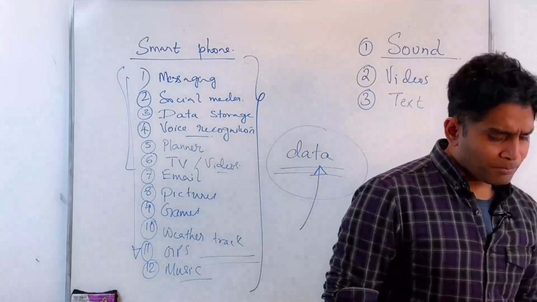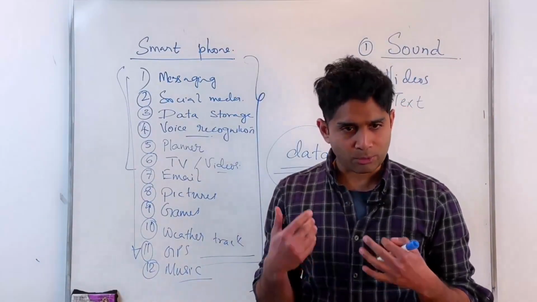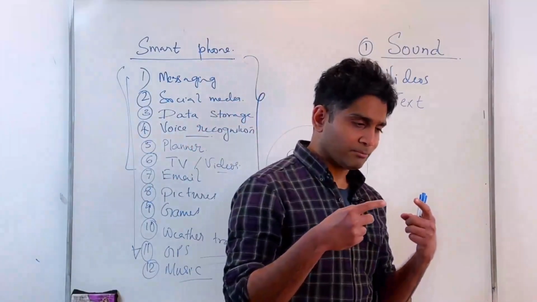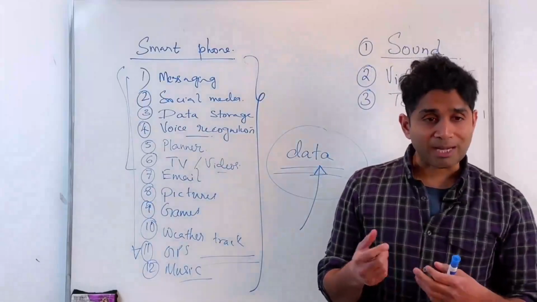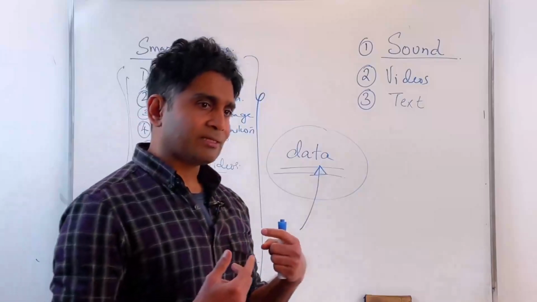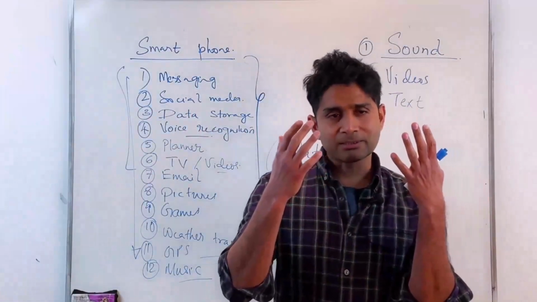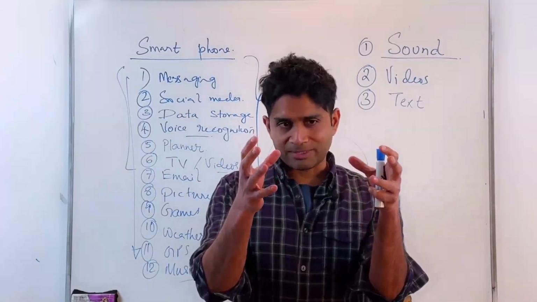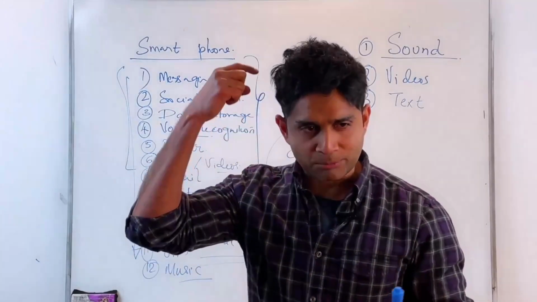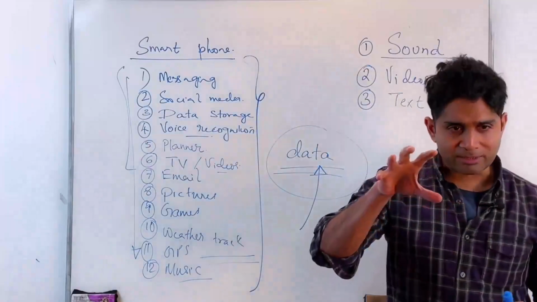Now, to get the analogy, consider our own human body, right? I'm able to hear sound, I'm able to see videos, I'm able to touch and feel something, right? But inside, these are all electronic signals. When I'm seeing something, my eyes are capturing the photons and converting them into electronic signals that are transmitted to the right portion of the brain, and my brain reconstructs the image.